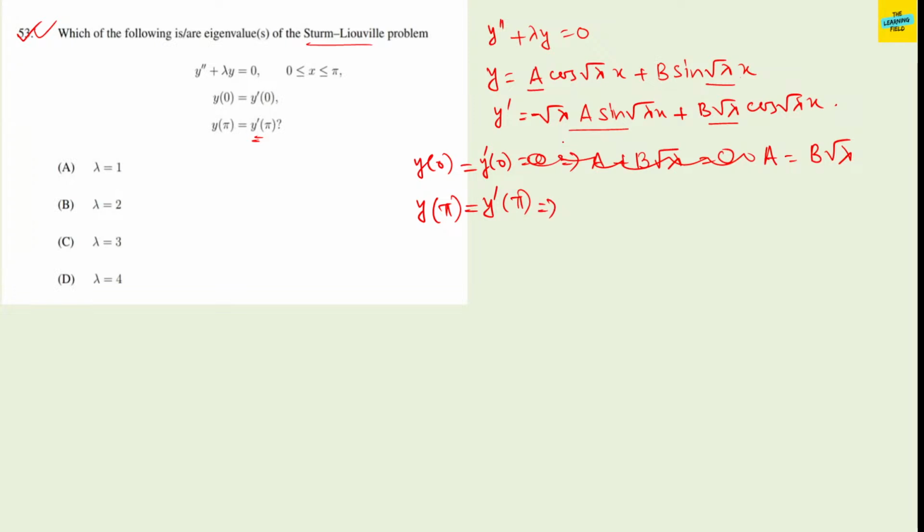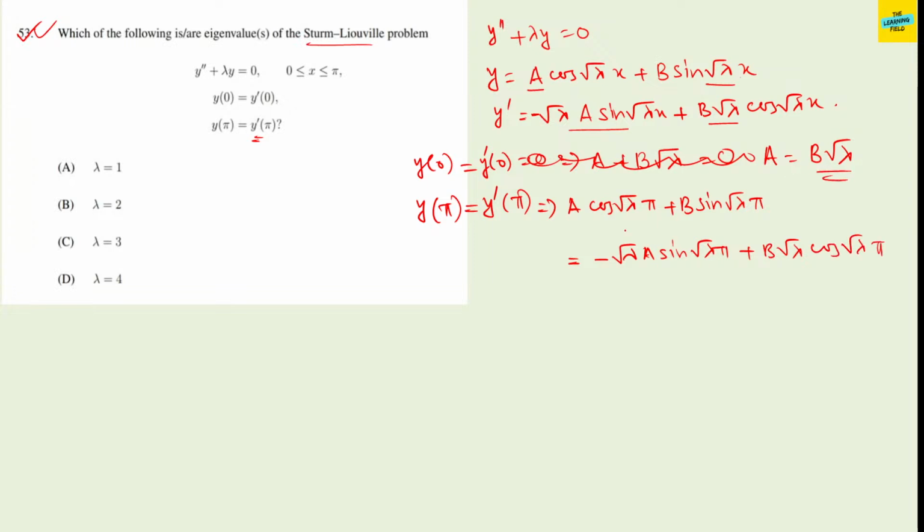This implies y pi means a cos root lambda pi plus b sine root lambda pi is equal to minus root lambda a sine root lambda pi plus b root lambda cos root lambda pi.